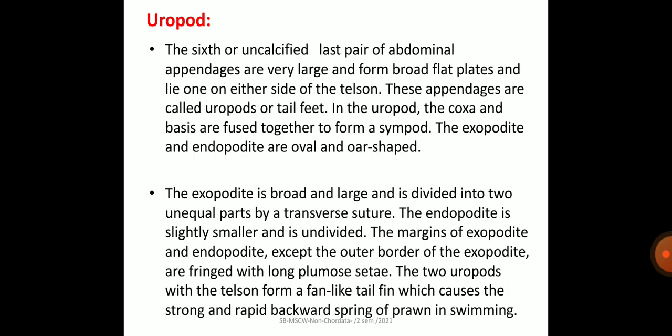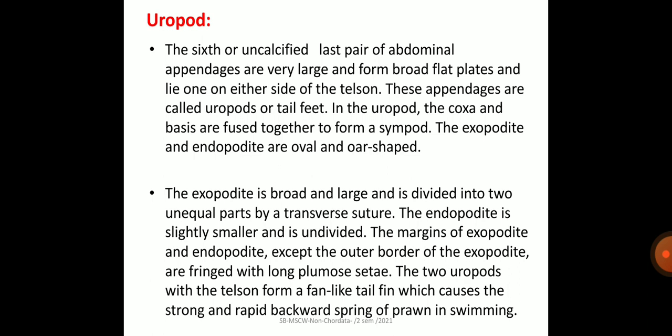The exopodite is broad and larger and is divided into 2 unequal parts by a transverse suture. The endopodite is slightly smaller and is undivided. The margins of the exopodite and endopodite, except the outer border of the exopodite, are fringed with, that means beset with, long plumose setae.